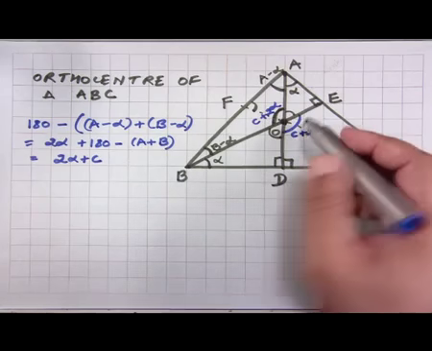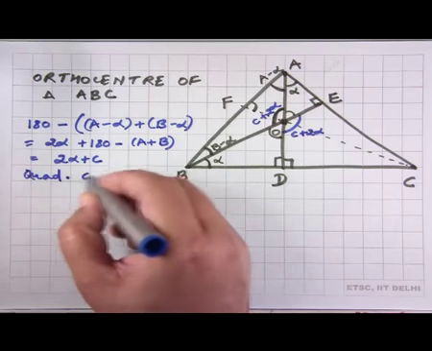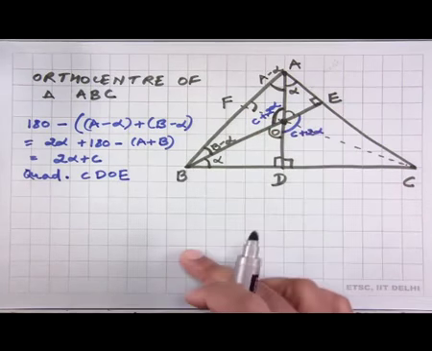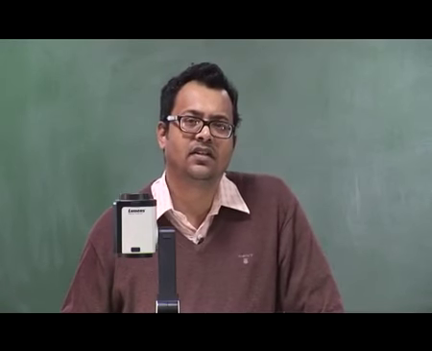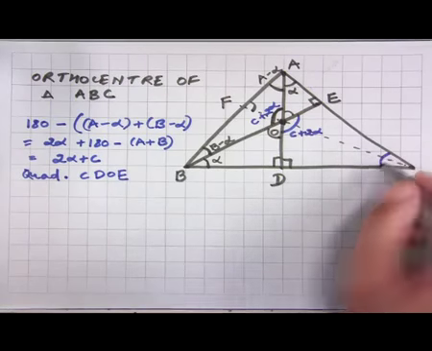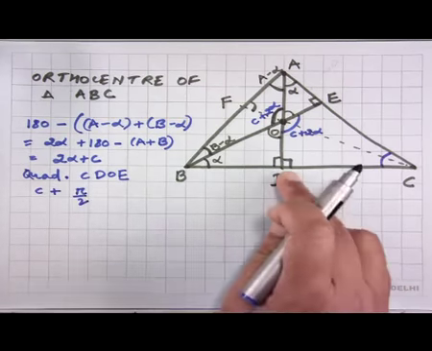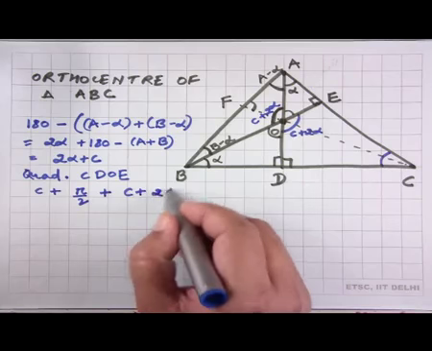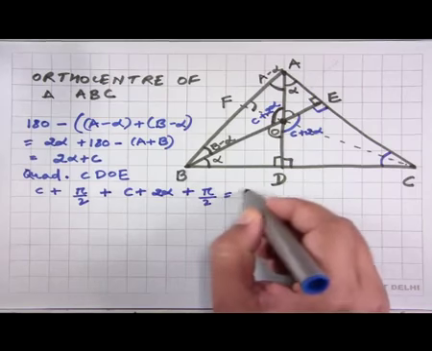And then if we look at the quadrilateral CDOE, we know that the sum of all the internal angles of a quadrilateral is equal to 360 degrees, and therefore, this is angle C, therefore, C plus pi by 2 plus, and this is C plus 2 alpha plus, and this is of course pi by 2, has to be equal to 2 pi.